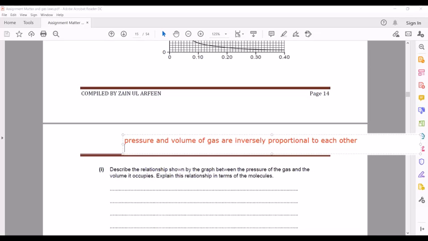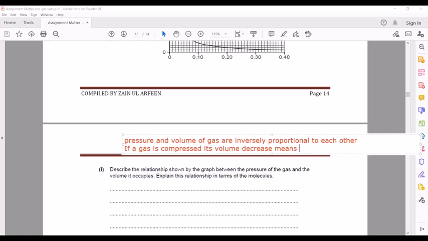What you will say, if a gas is compressed, its volume decreases.